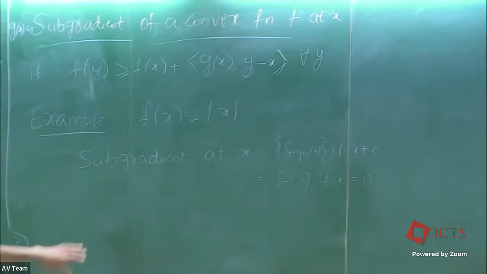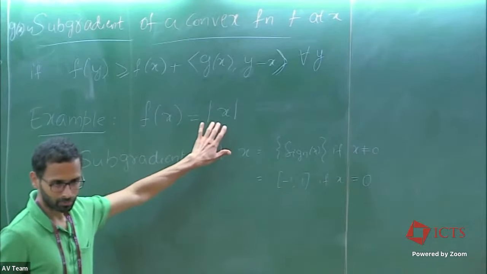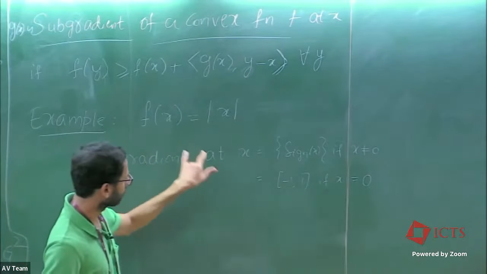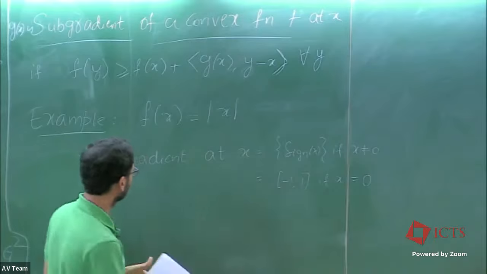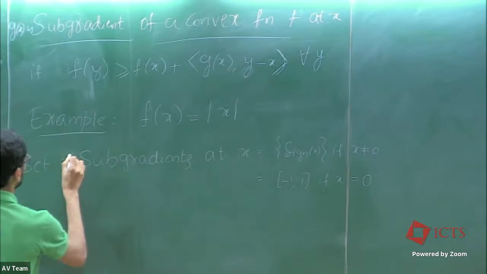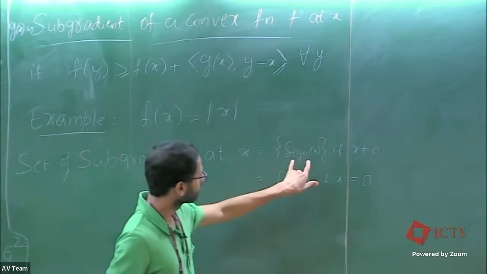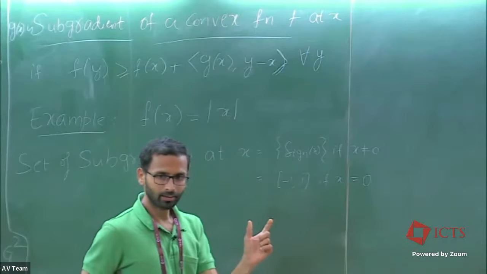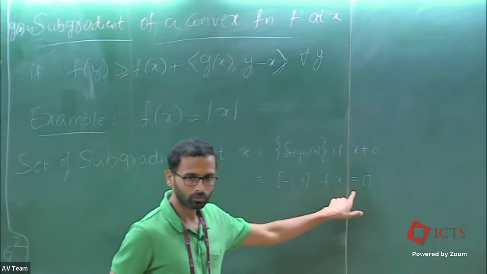For the function f, which is the absolute value of x, the set of subgradients at x is given by the sign of x if x is not equal to 0, and it's the entire interval from -1 to 1 if x is equal to 0.